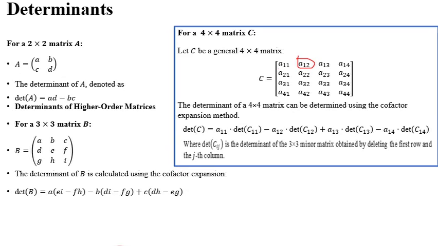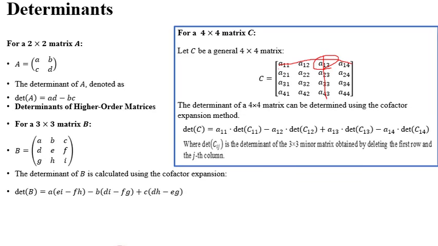After that, you then alternate the sign again and write down the third element in the row, and you also ensure that you do away with the row relative to that element and the column relative to that element. So what you are left with will form a 3 by 3 matrix. So you also look for the determinants, and that is represented in this way.